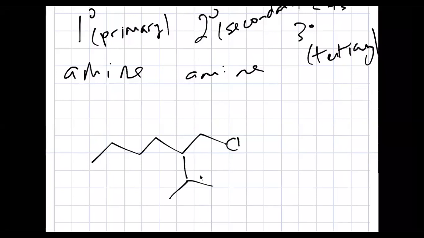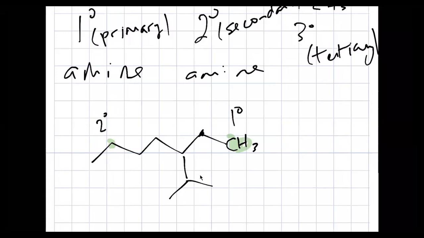This carbon right here, that's what we're going to highlight. This carbon will be primary, because it's only bonded to one other carbon right here. And then this carbon right here will be secondary.